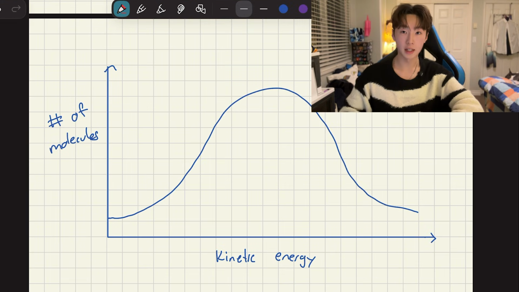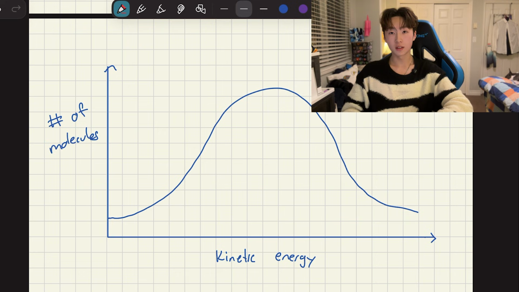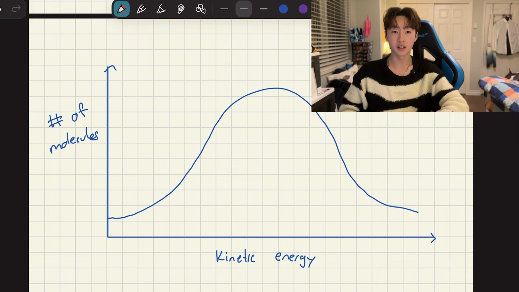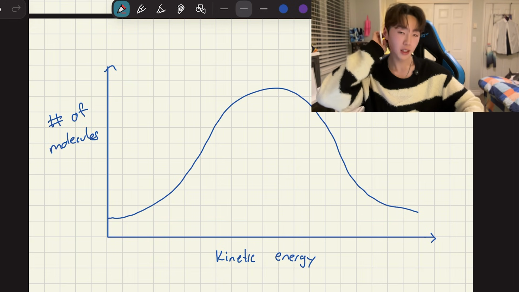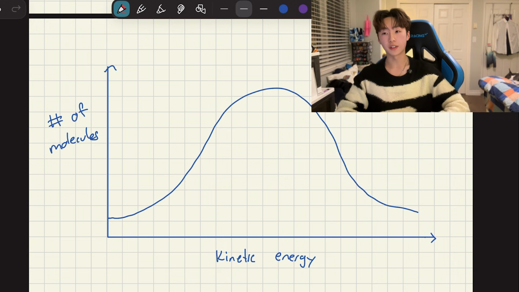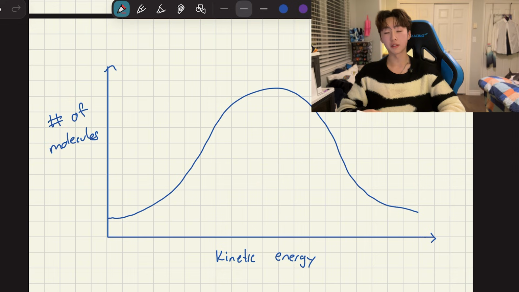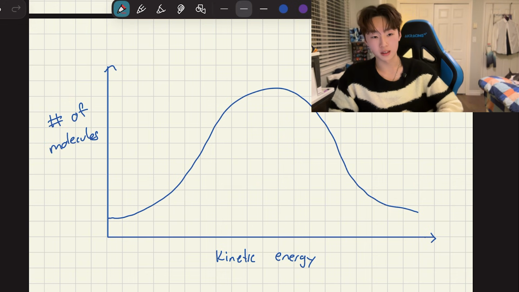Okay, now let's talk about activation energy. So in any reaction, a particle must have sufficient activation energy for the reaction to actually proceed. So remember when I said temperature affects reaction rate? I said that increasing temperature increases the amount of collisions, which means more successful collisions, which means a higher rate.